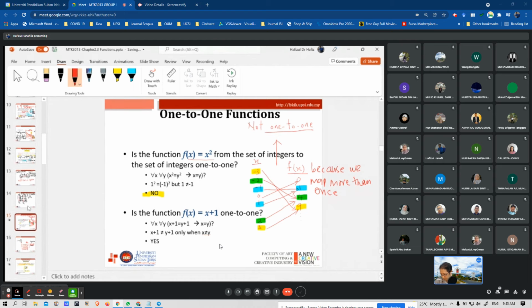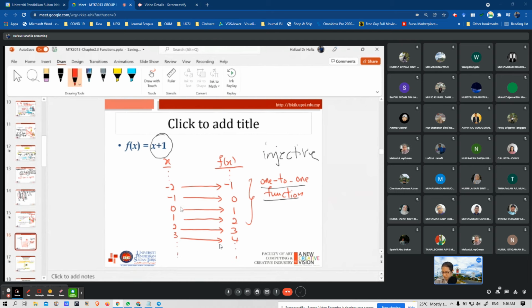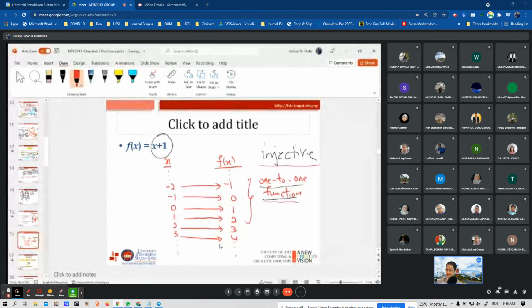For example, here we have negative 2 mapped to negative 1, negative 1 is equal to 0, 0 we have 1, and 1 we have 2, and so on. This one is a one-to-one function, and we can call this one injective.